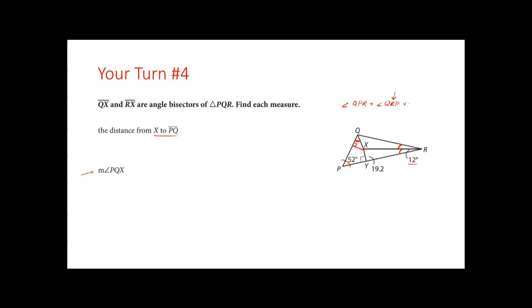Plus angle PQR, and they all have to add up to 180 degrees, all right? And don't forget, whatever you get for angle PQR, they're only asking for half of it, okay? So you're going to multiply or divide by 2, and you're going to get your answer, okay? So don't forget that, because they're asking for this little part, not the whole thing.